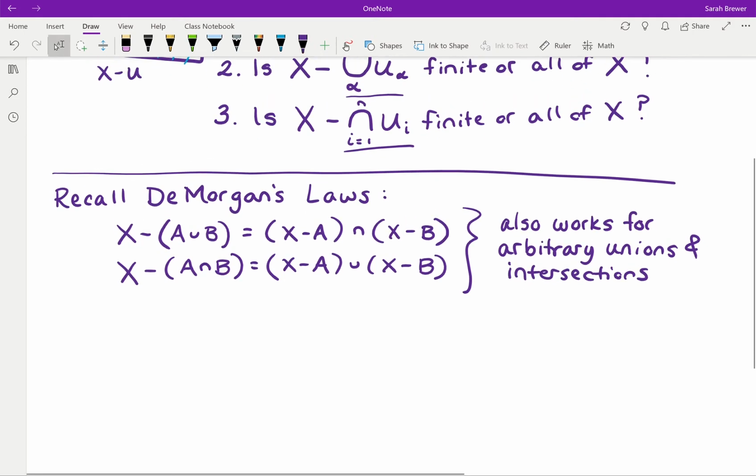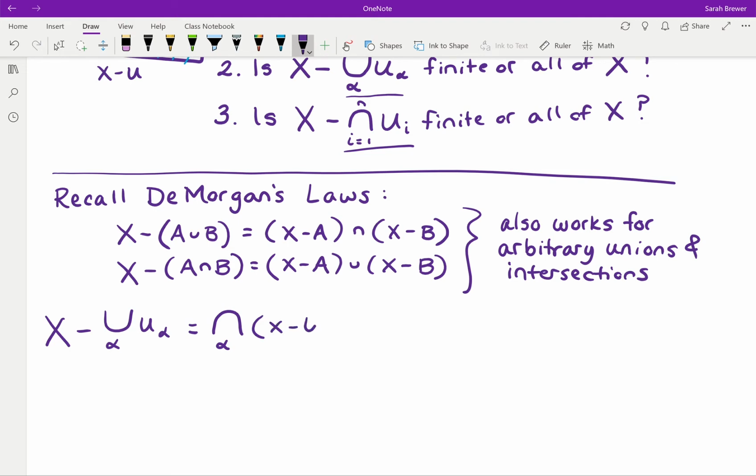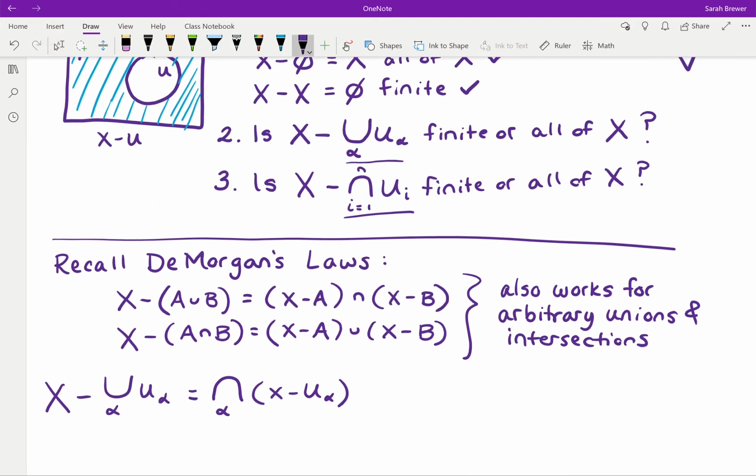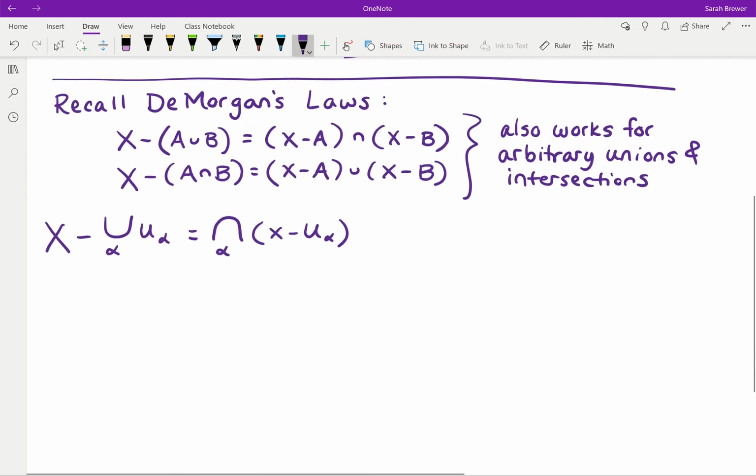Okay, so if I'm looking at the complement of an arbitrary union, by De Morgan's laws, this is equal to the arbitrary intersection of the complements, right? Well, remember that for the second and third criteria of a topology, these U's that we're taking the arbitrary union and intersection of are already assumed to be open sets in the topology, okay?